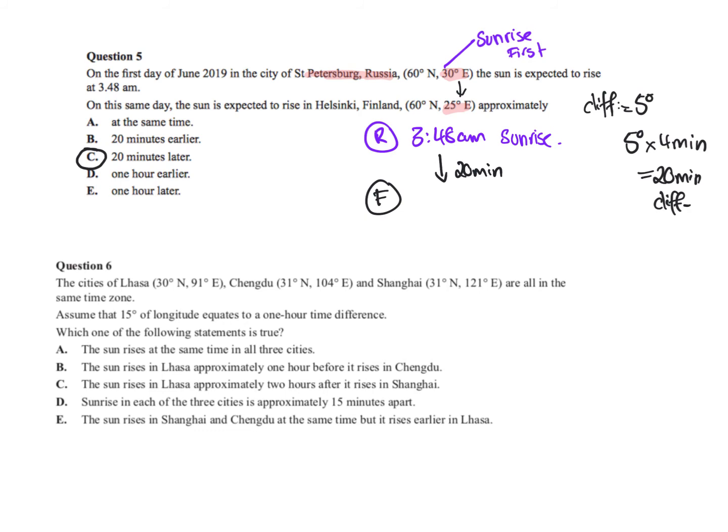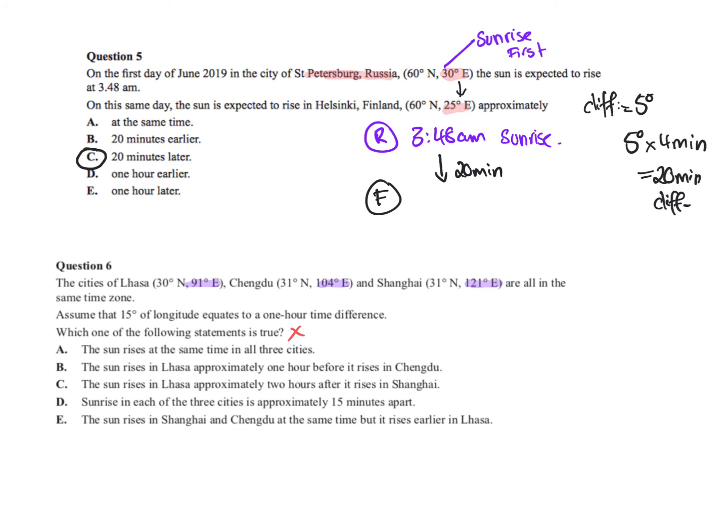The sun rises at the same time in all 3 cities. Well, they would have to have the same longitude for that to be correct, and they don't, so the sun does not rise at the same time in all 3. The sun rises in Lhasa approximately 1 hour before it rises in Chengdu.